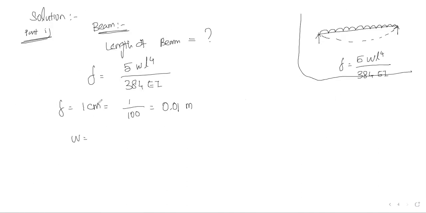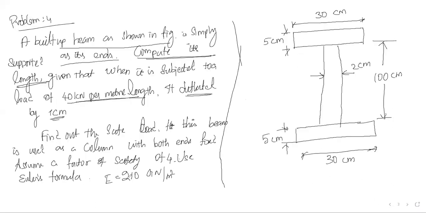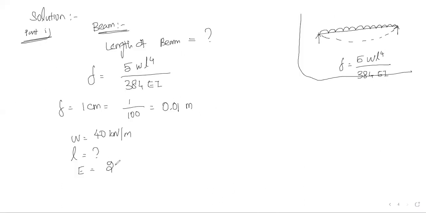Next, L we have to find out. E value they have given us as 210 giganewton per meter square, so 210 into 10 to the power 6 kilonewton per meter square.